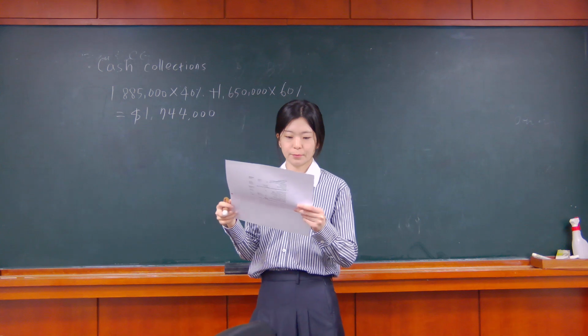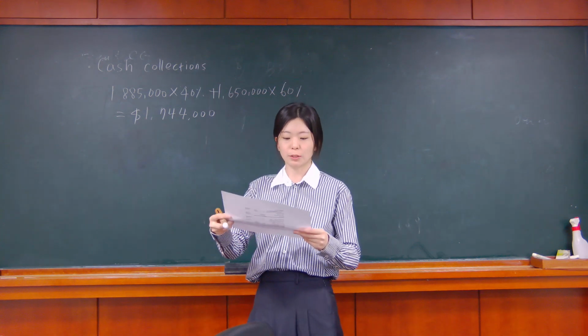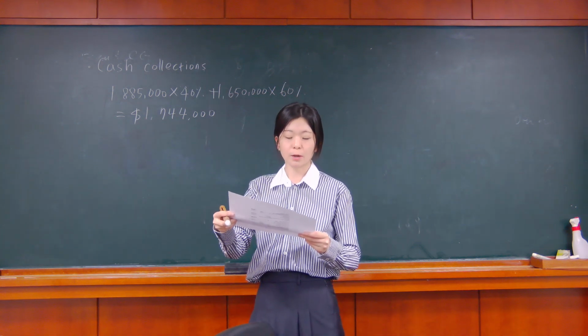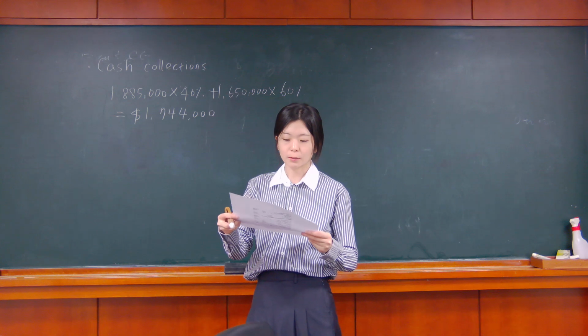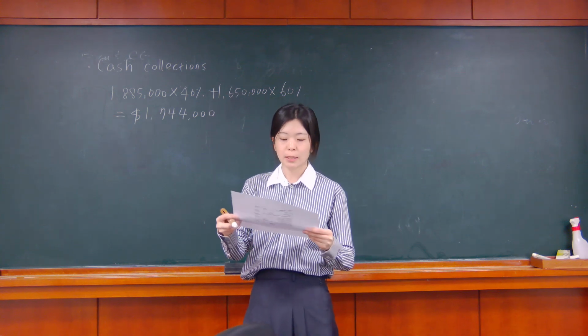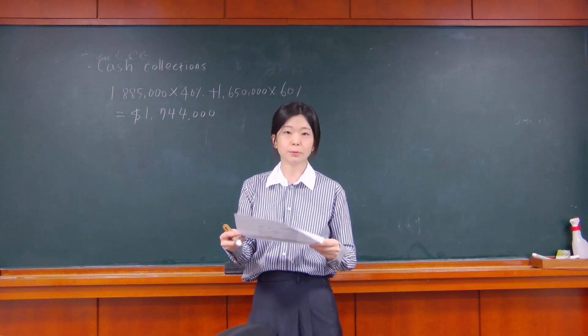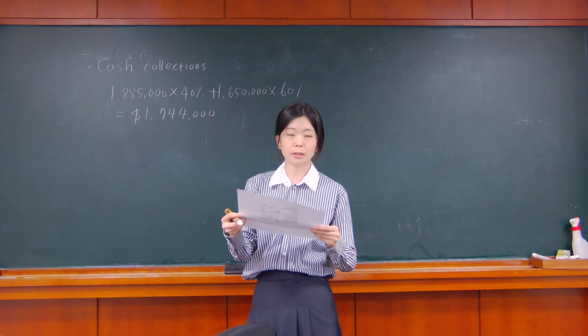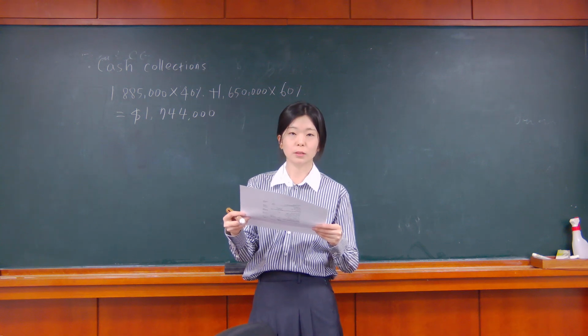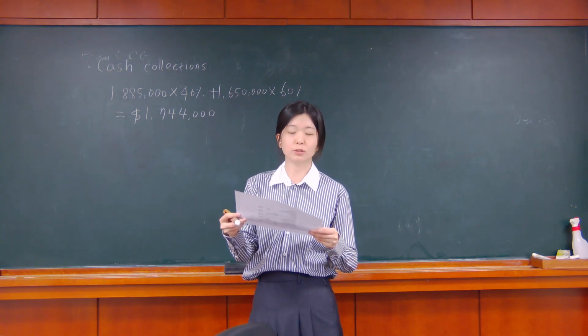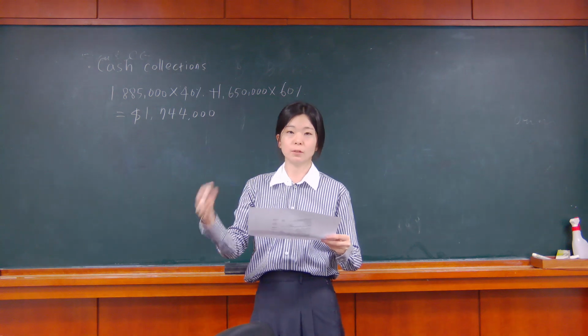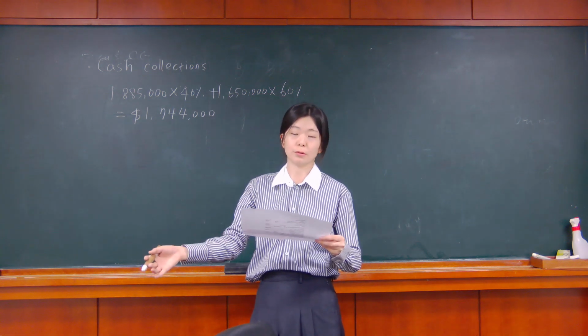And then there's another adjustment we need to make in terms of the accounts payable, especially for the direct materials. It says that the direct material purchased on credit will be 50% paid during the month, and another 50% will be paid in the following month, right?